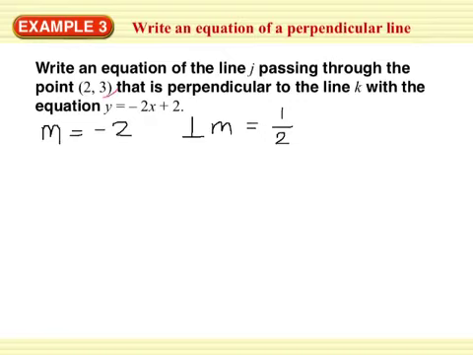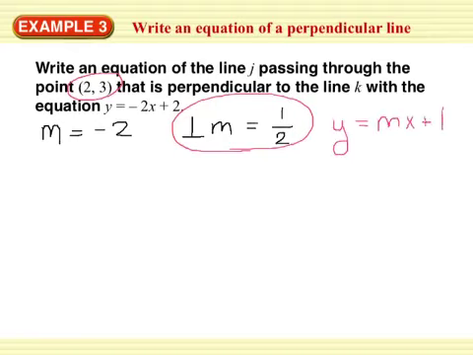Now, using my point and my perpendicular slope and our form, we need to find the new y-intercept. So let's plug these in. I have x and y.